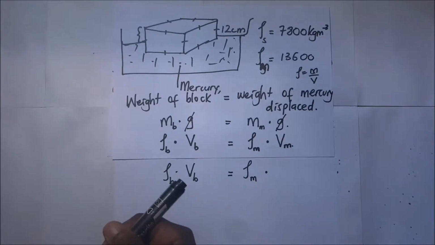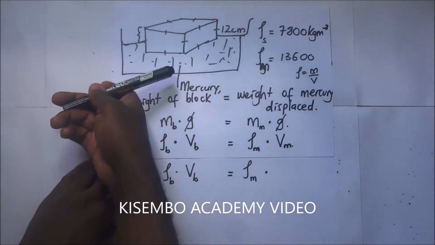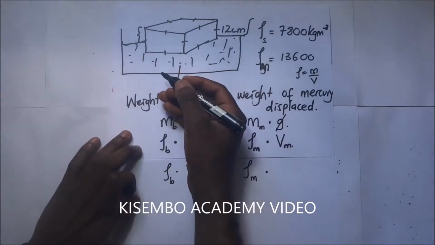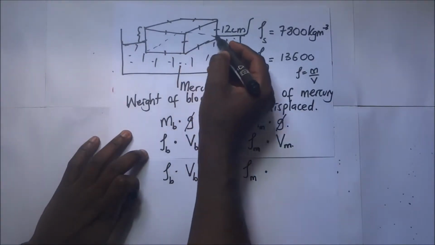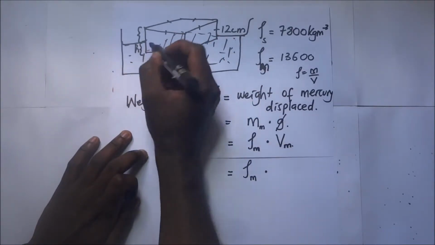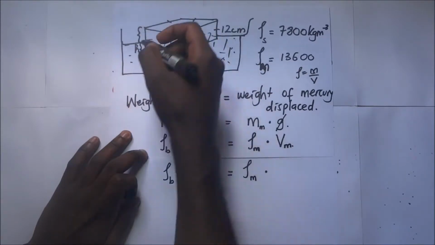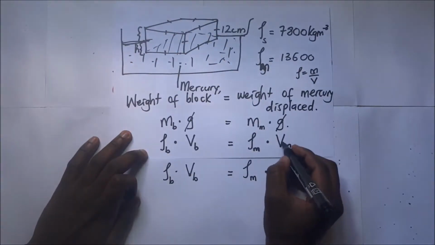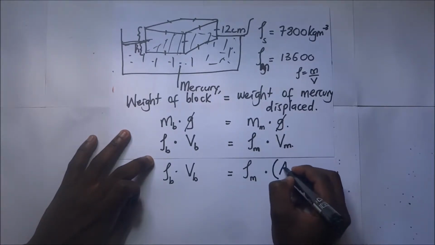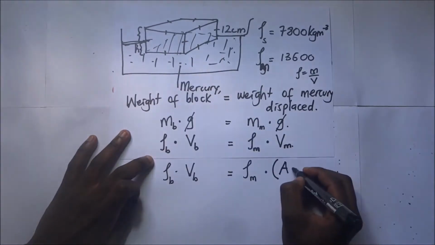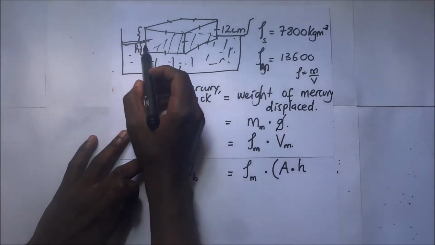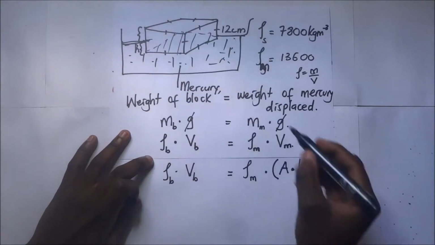So it means that to find the volume that has actually displaced or that has gone into the surface of this mercury level, it is as simple as getting the cross-sectional area of this cuboid, multiplied by the height that has sunk into the surface of mercury. So the volume of the mercury that has been displaced is equivalent to the cross-sectional area of this cube, multiplied by the height of the block that has sunk in.